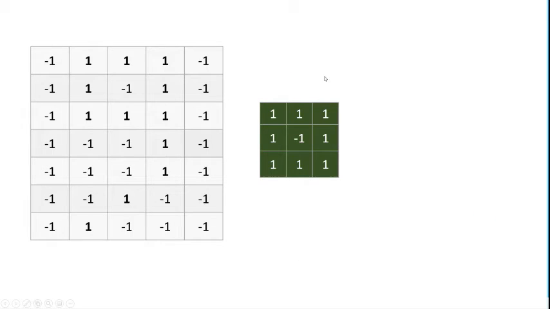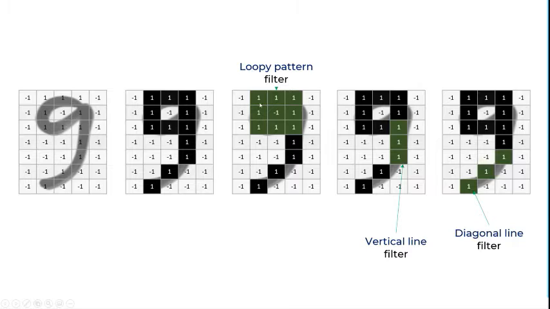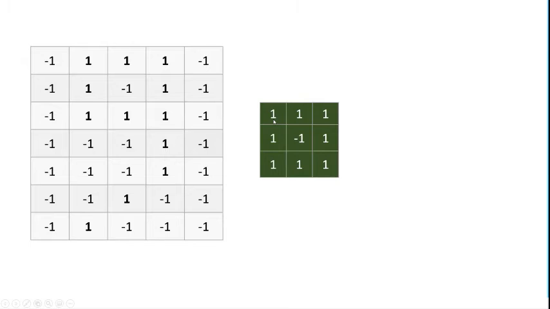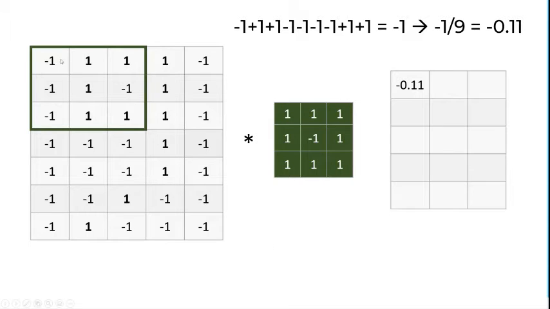So we take our original image and we will apply a convolution operation or a filter operation. Here I have a loopy circle pattern or a head filter. This filter right here. The way convolution operation works is you take a 3 by 3 grid from your original image and multiply individual numbers with this filter.